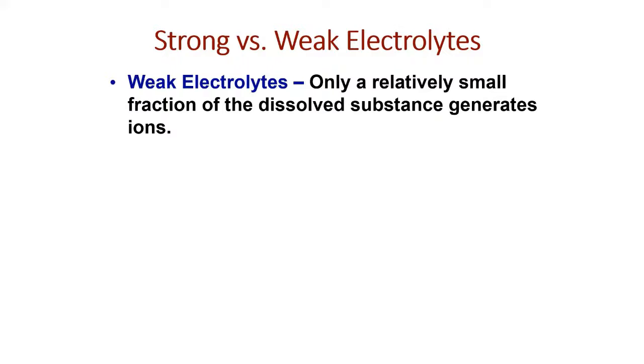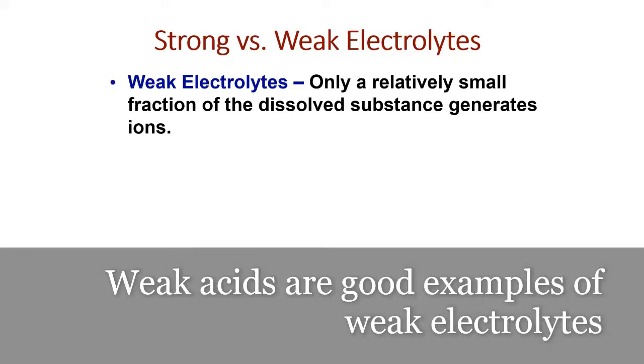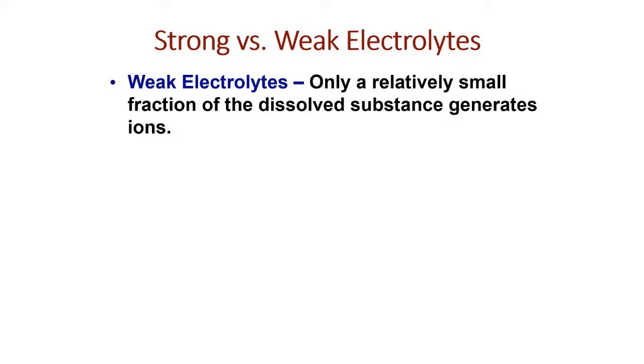And so what that might mean is if I had 10,000 molecules, I might get 1 or 2 ions released. Okay, this might happen for a weak acid. So vinegar, for example. If I were to do the same test with the vinegar, it would behave kind of like the tap water or the not concentrated salt, because even though the vinegar is very concentrated, it just doesn't have very many ions because so few percentage-wise dissociate.